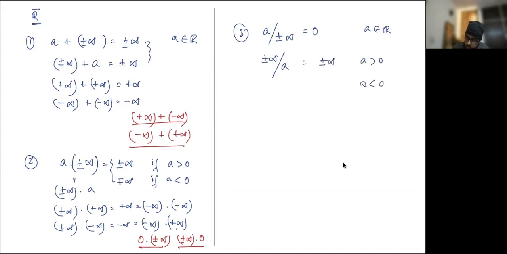And if a is negative, the signs would get reversed. So in this case, what are left undefined are one of the infinities divided by another infinity, and division by 0.